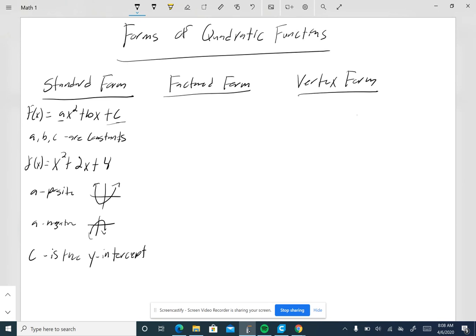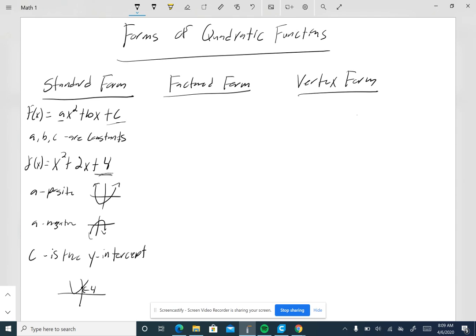So this equation, I don't know exactly what it looks like, to be honest, but maybe something like that. But what I do know is that the y-intercept is equal to 4. Right there is going to be 4, just from the fact that c is 4. So that's what standard form tells us: whether it's going to open up or down, and what the y-intercept is.